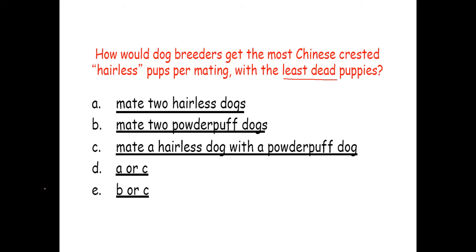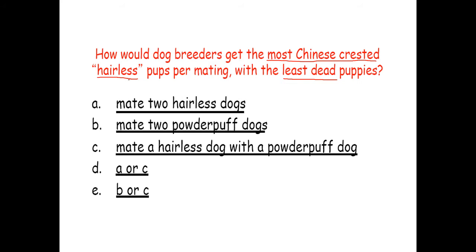The key words are least dead puppy and most Chinese crested hairless. So he wants the most number of hairless puppies and least of that one. Yep, C is correct.